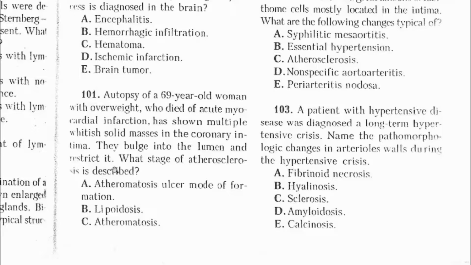Stage 2 is the stage of fatty stripes or lipoidosis. This appears due to the lipid infiltration, lipoproteins, and proteins fixation. They appear histologically as xanthomic or foam cells.